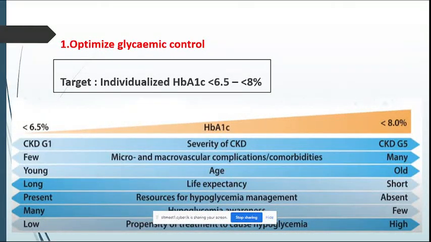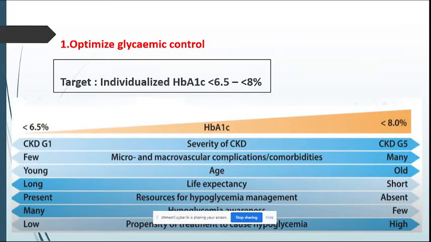If your patient is in an early stage of CKD, has fewer microvascular complications and comorbidities, is younger, has the resources to manage hypoglycemia, and has hypoglycemic awareness, then you can have a very stringent target like 6.5.